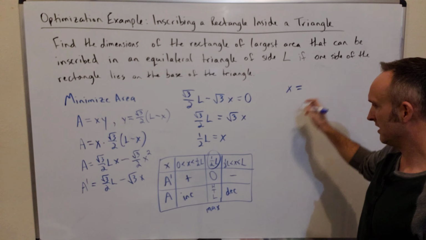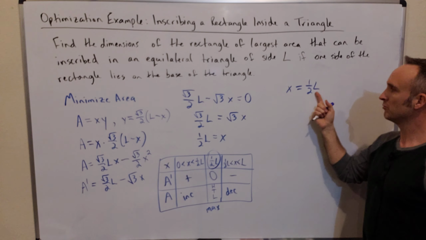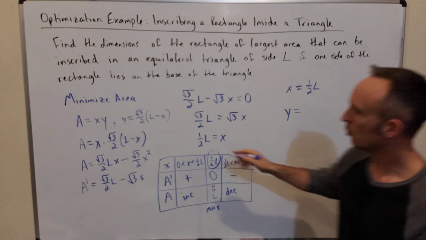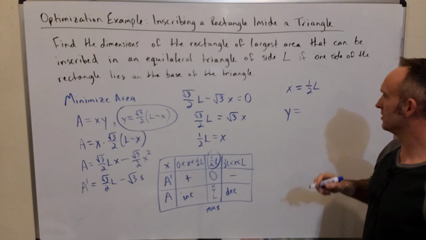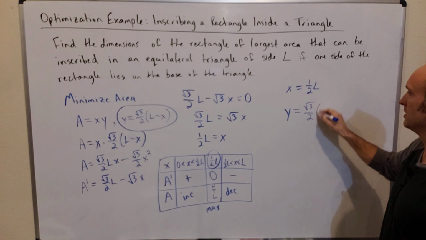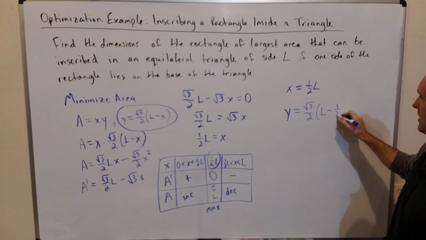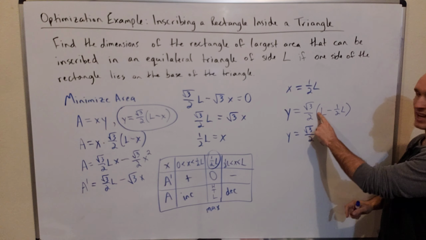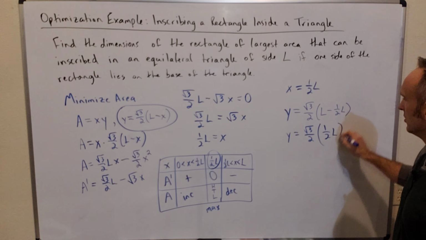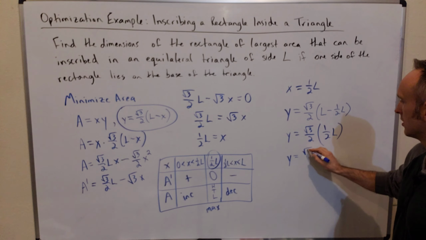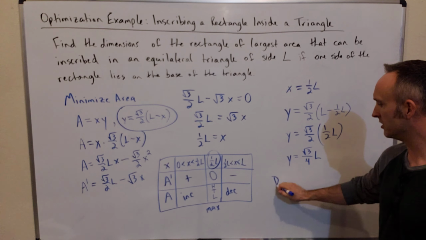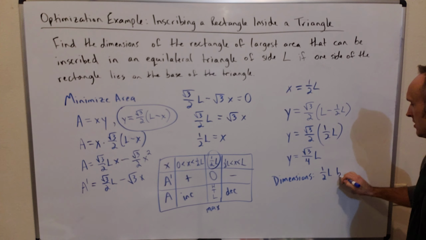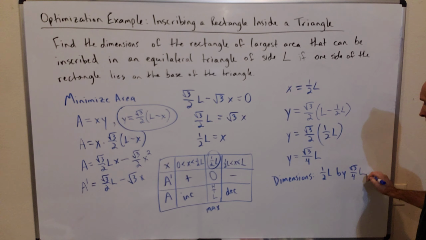I know that x is 1/2 L, remember L is the length of the side of the triangle, so we have to pick an x value that's equal to 1/2 L. And y is calculated using this in terms of x, so y is going to be the square root of 3 over 2 times L minus x, which is also 1/2 L. If we simplify that, I get the square root of 3 over 2 times, well, 1L minus 1/2 L gives me 1/2 L, which means that y is the square root of 3 over 4 times L. So the dimensions of my rectangle that maximize its area are 1/2 L by the square root of 3/4 L.